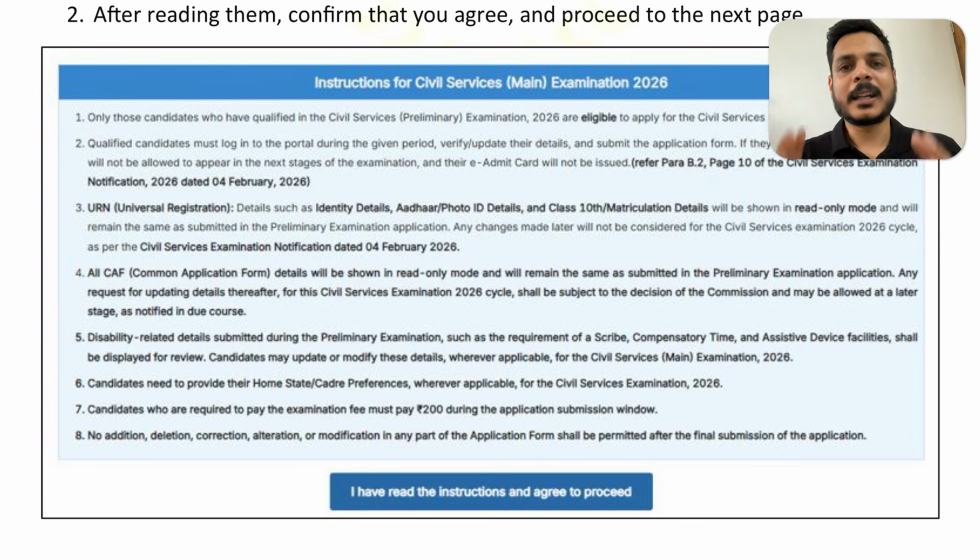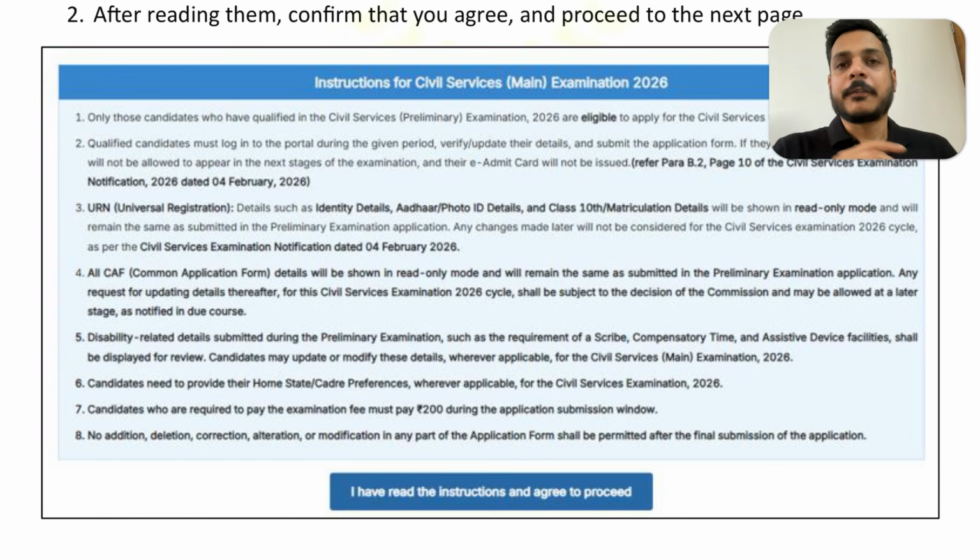It is the same as what you filled in the preliminary examination, so you cannot make any changes. You can just review it. If you want to update or correct the details, the decision of the commission would be taken at a later stage.